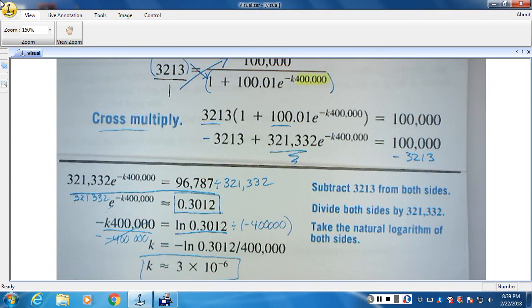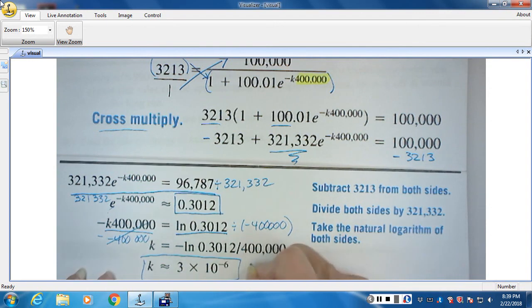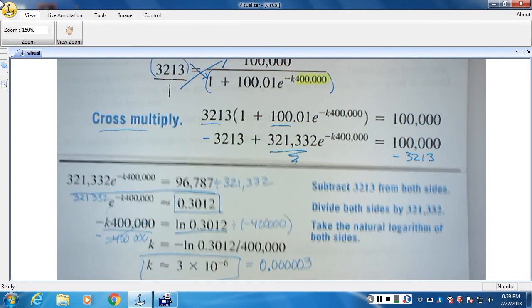Actually, what it spits out is 3e negative 6. Which is equivalent to that little bitty number right there. That's the value of k in our formula.